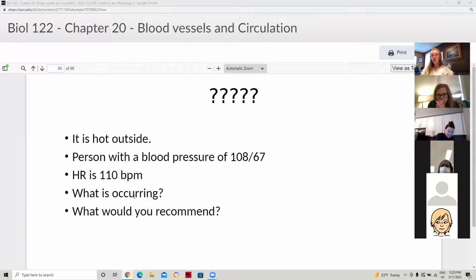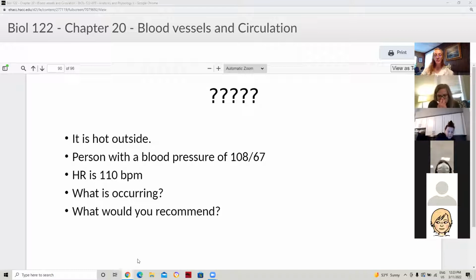No. Okay, so just from looking at this, their total peripheral resistance is down. And if I'm looking at what we know is a regular blood pressure, 120 over 80.